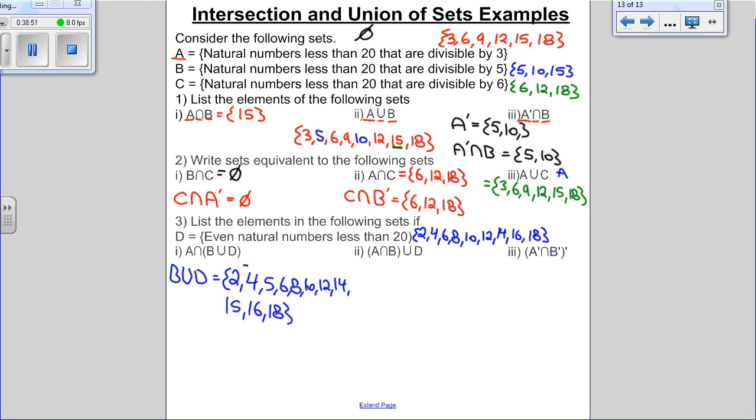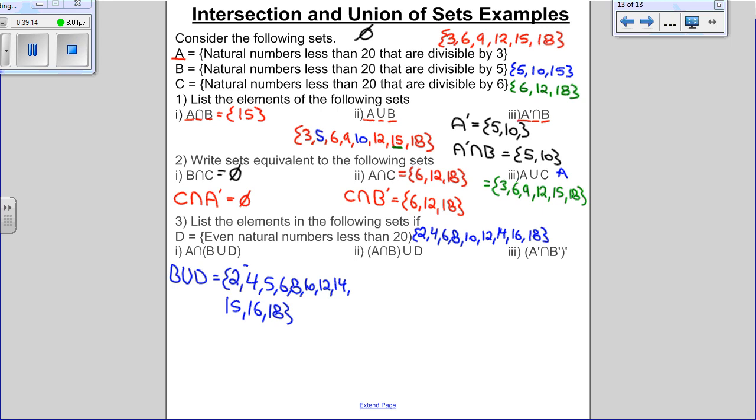D was all the even things. B was 5, 10, and 15. So all we had to do was add in the numbers 5 and 15 to get B or D. Now that we know what's in this group, we can try to figure out what's in A and this group.